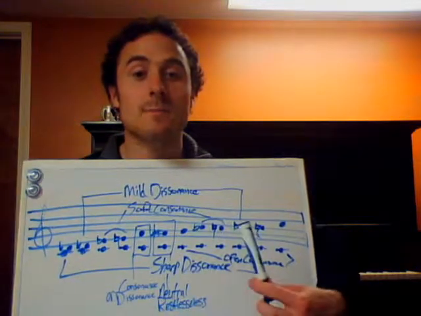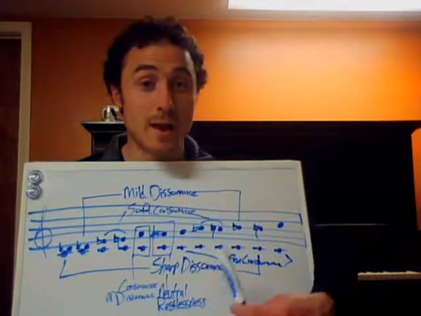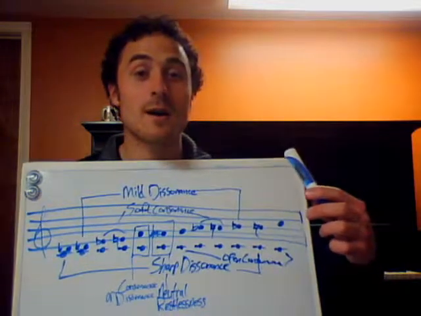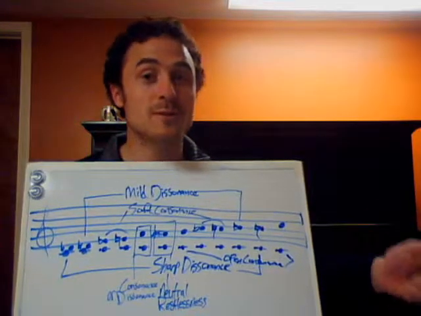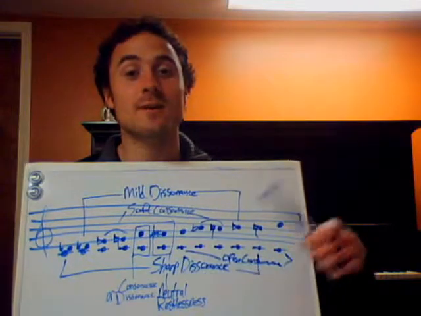And that's what makes the tritone ambiguous. It can be consonant in chromatic progressions or dissonant in diatonic progressions.